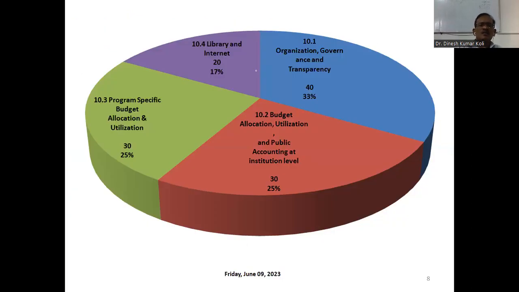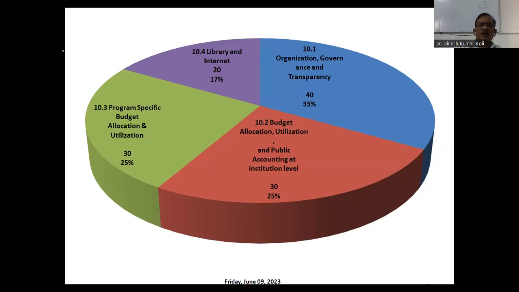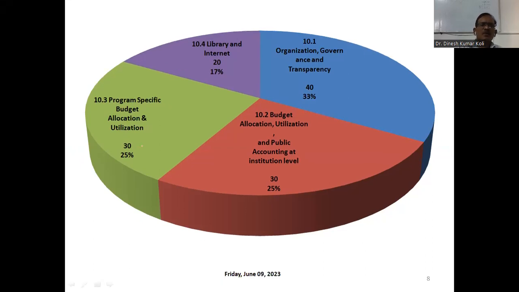Here you can see the graphical form of the same I have discussed in the previous slide. Again, it says the 25% part is covered by the budget allocation, and 33% part is covered by the organization, governance, and transparency. So 25 plus 33, you can say it is 58%.